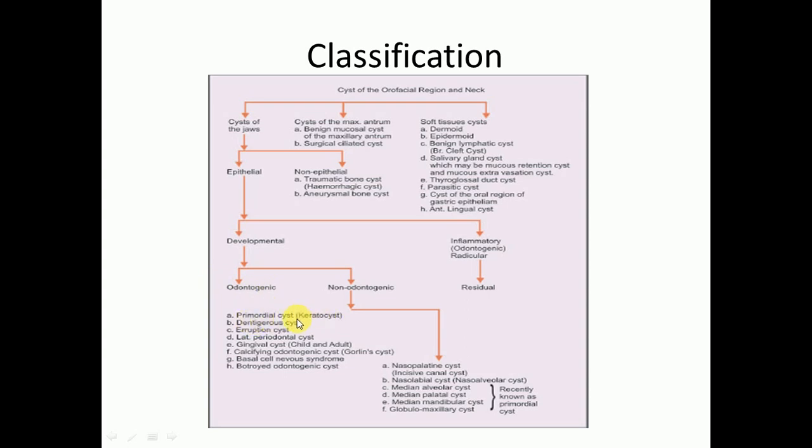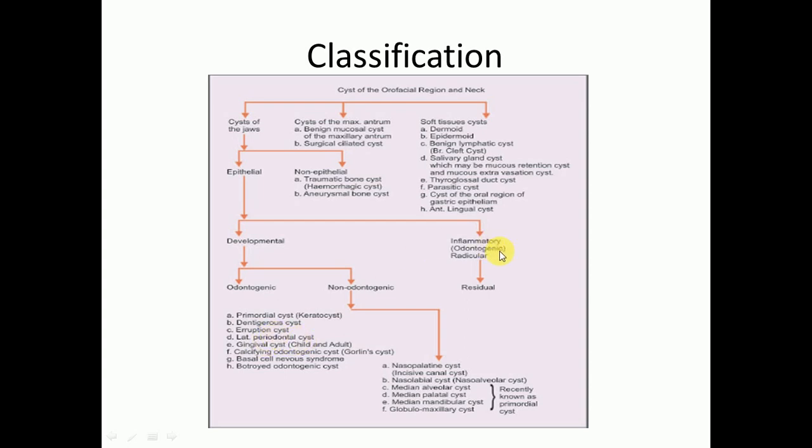But in the recent classification, they are different. The primordial cyst is different and the keratocyst is different. This is the old classification, so that is why the primordial cyst is written alongside the keratocyst. Okay, so dentigerous cyst, eruption cyst, lateral periodontal cyst.